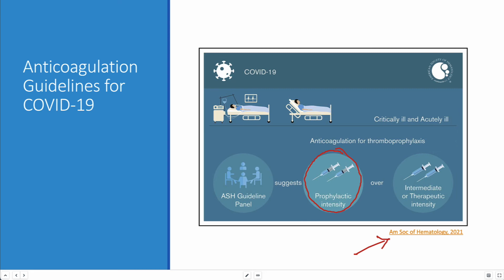So at prophylactic doses. So 30 or 40 milligrams of Lovenox once or twice a day, less intense therapy, is what was recommended.